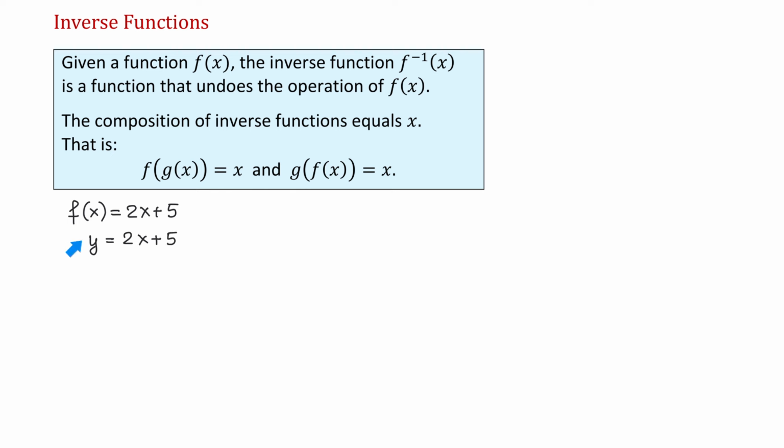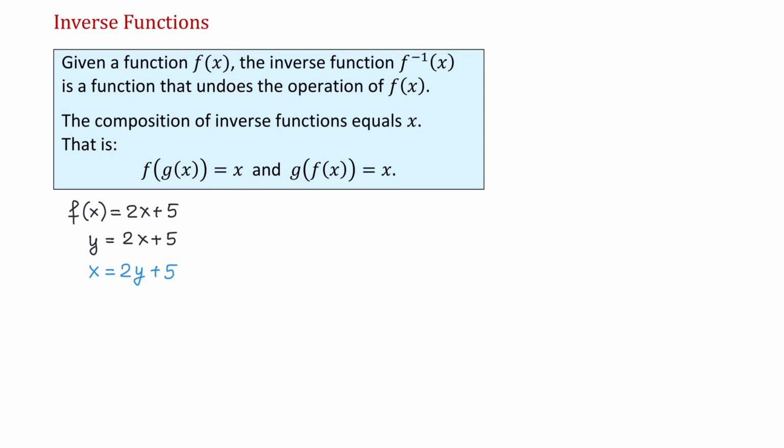So this is the same function, and we just replaced f of x with y. But now in the next step, we will find the inverse function, and for this we will interchange x and y. So in place of y, we will write x, and in place of x, we will write y. And this is already the inverse function, and now let's solve it for y.